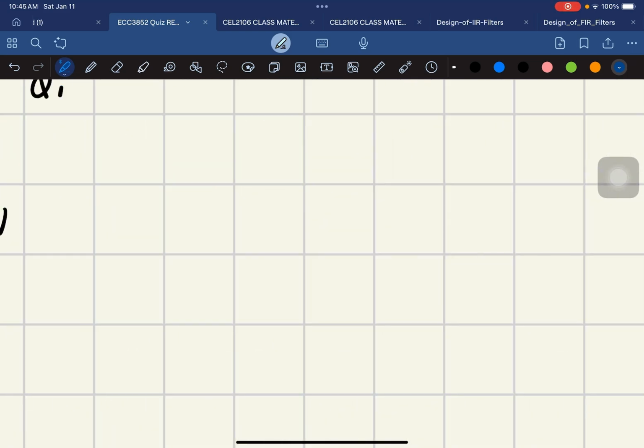For part B, the sample signal that we get from the above question is s[n] equal to 20 e^(negative 0.01 n).